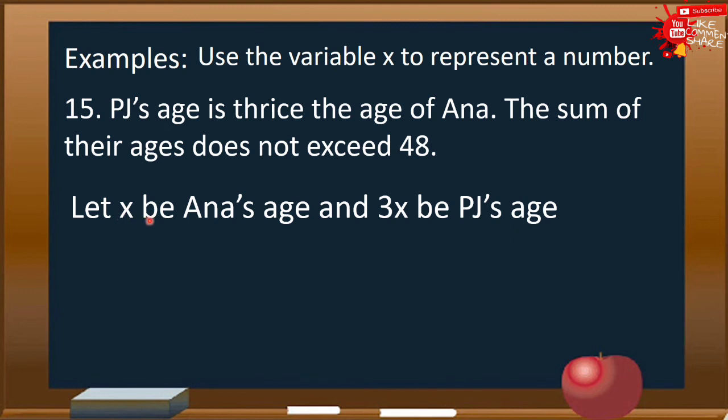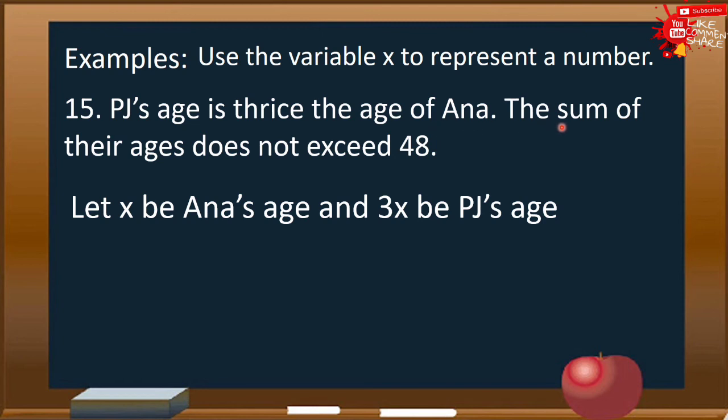So let x be Anna's age. And in this verbal sentence, PJ's age is thrice the age of Anna. So if x is Anna's age, therefore, we have 3x as PJ's age because it tells here that PJ's age is thrice the age of Anna.